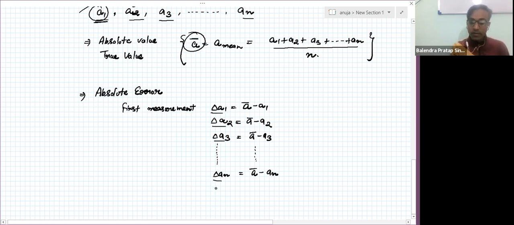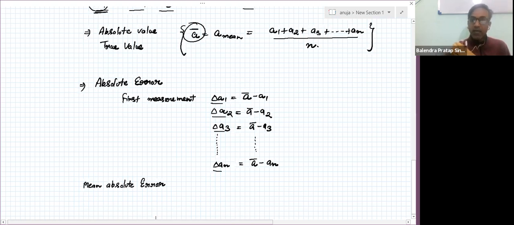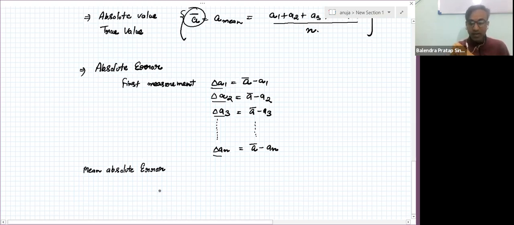Now the mean absolute error, which we generally call absolute error, is defined as taking the average of all absolute errors. Delta A bar is equal to, here we take the positive values.